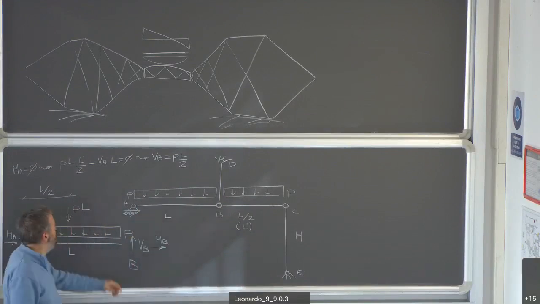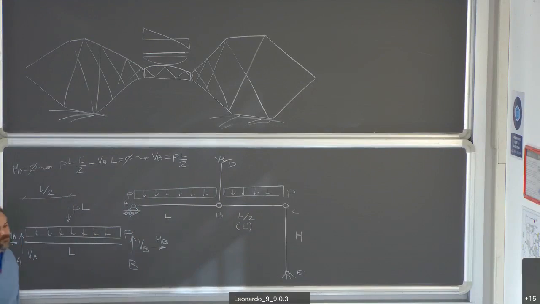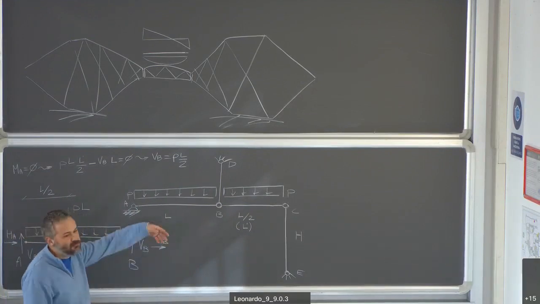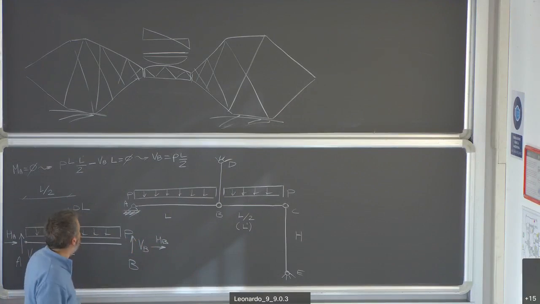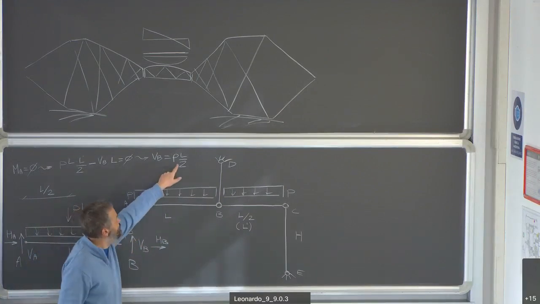Why? That is why. What if we remove this side and the structure becomes unstable? Why? No, I thought it didn't contribute to the load of the simply supported beam. It contributes. Who gives PL divided by 2?